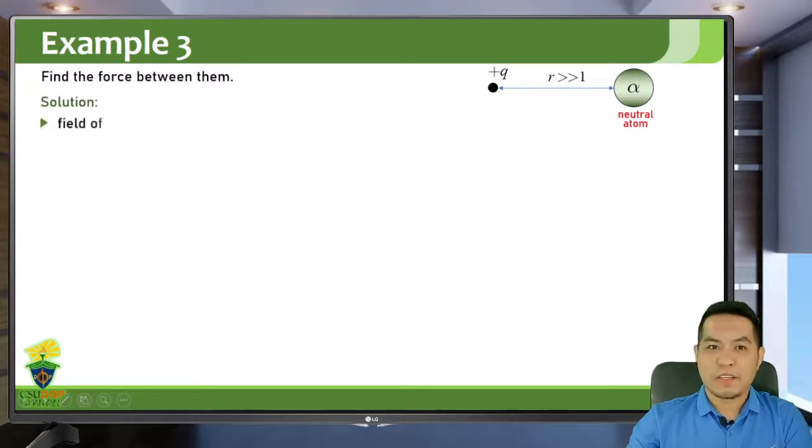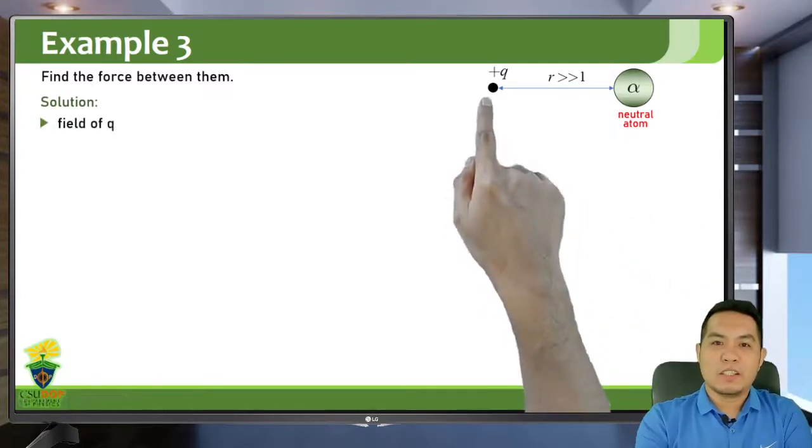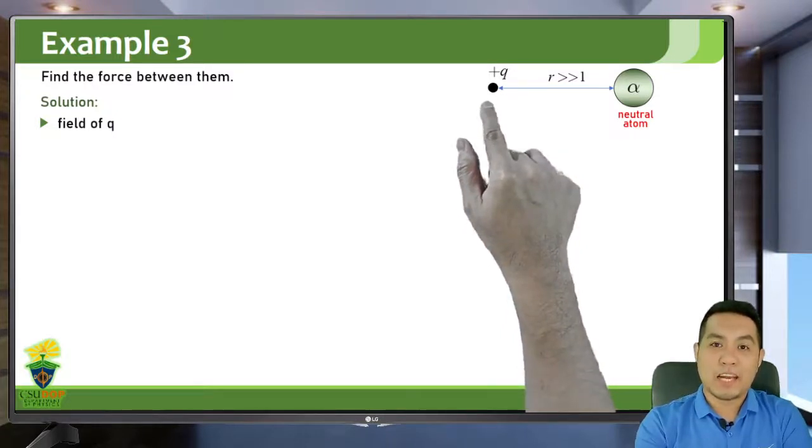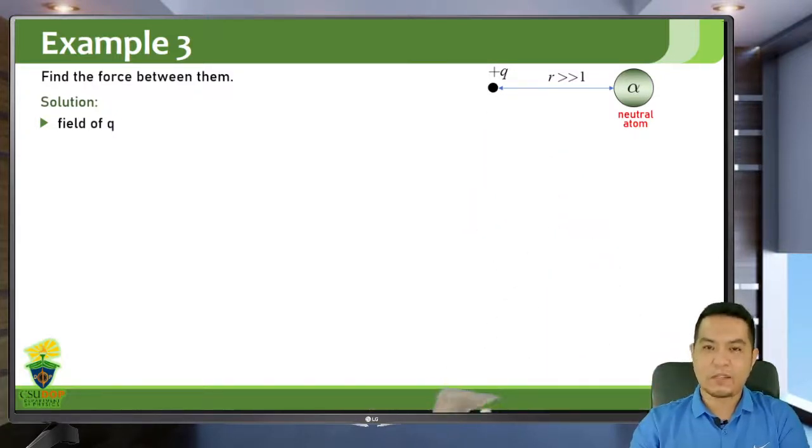Okay, so the point charge will have an electric field. The electric field is radially outwards.